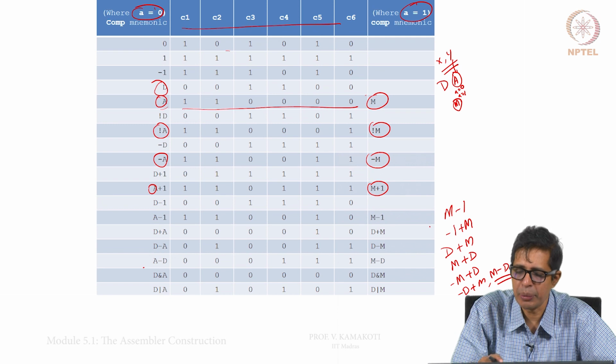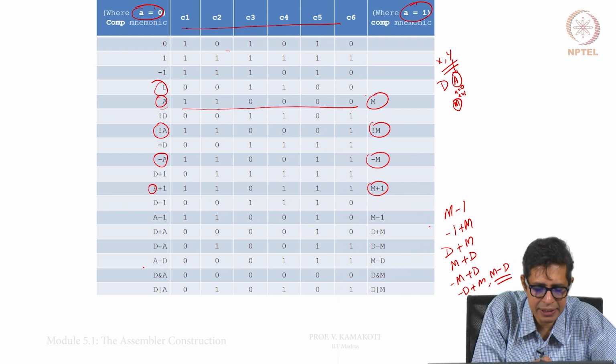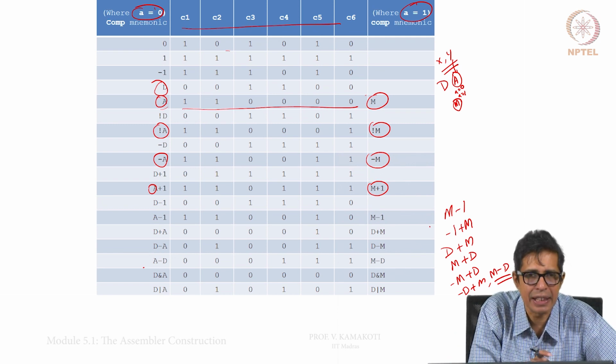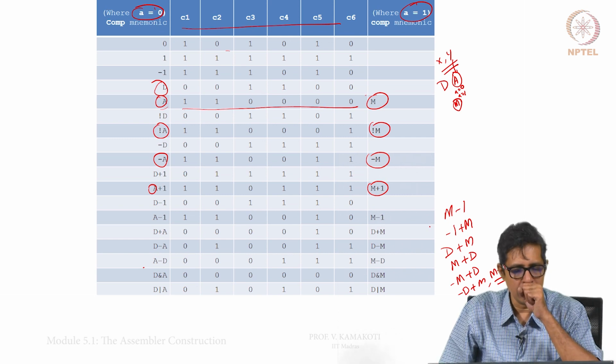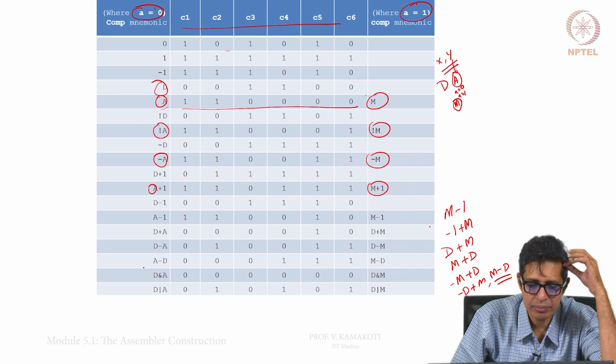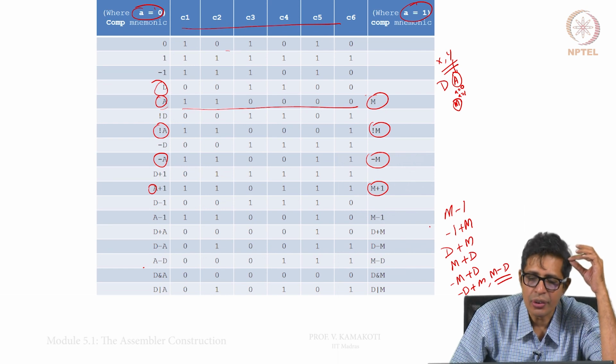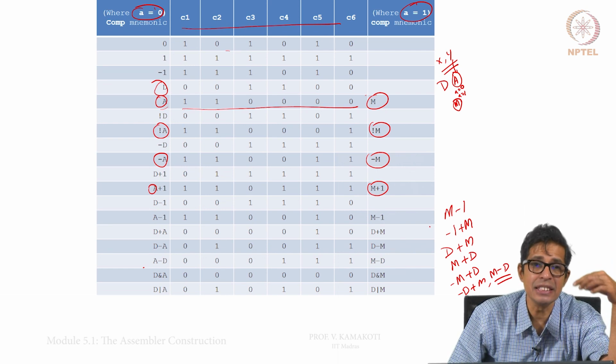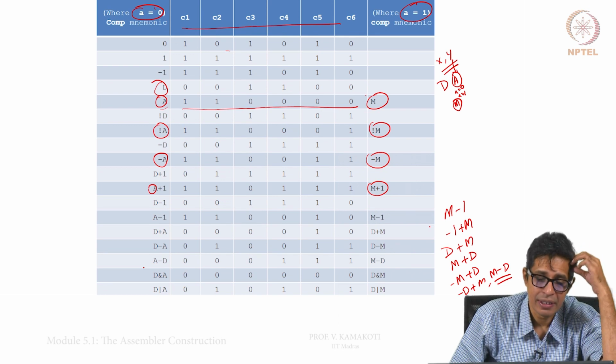These are all some of the possible combinations, and similarly D minus A, A minus D, D and A. So many things are possible here. That is the challenge in actually writing an assembler.